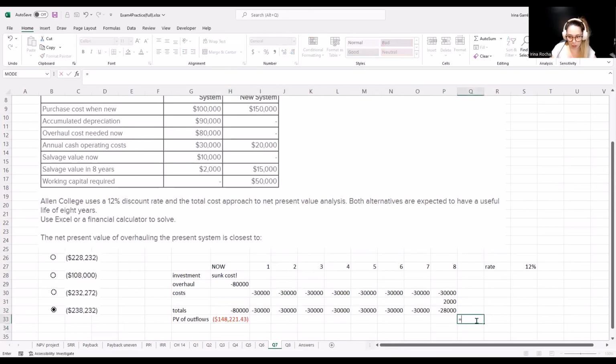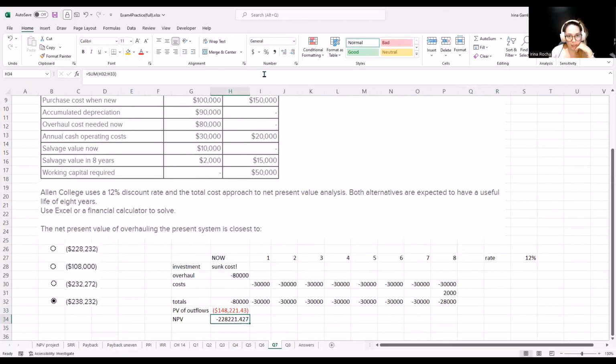Because I could just sum those up and think, oh, I'm going to be spending this amount of money, but actually the present value is this one. But they're asking for the net present value of fixing the system. Net present value is like the profit in today's dollars. So you have to sum both of those. And that is the right answer.